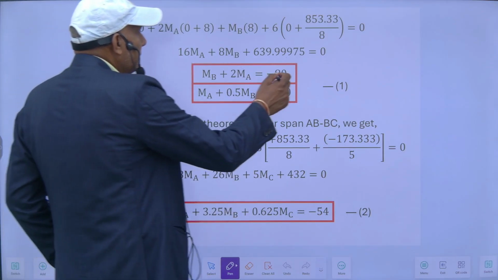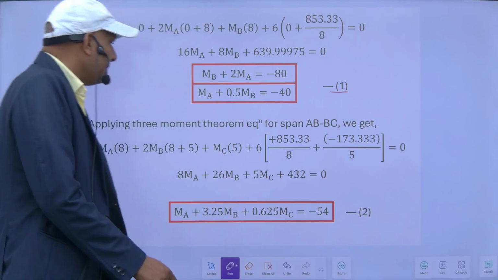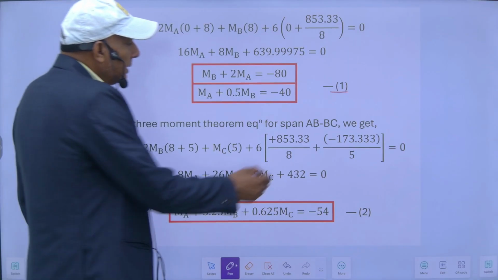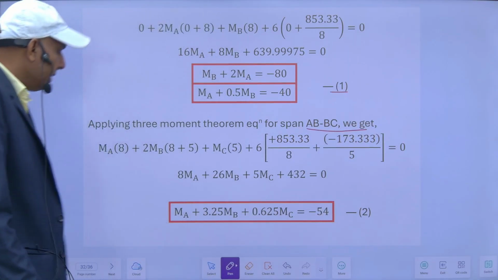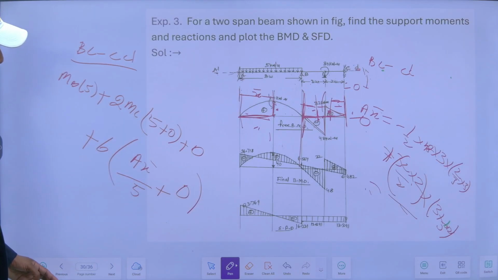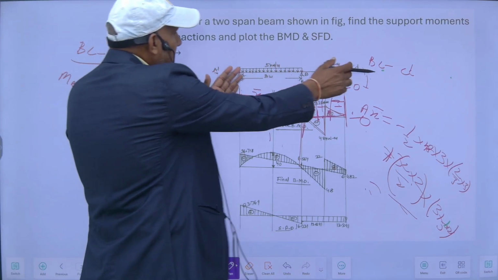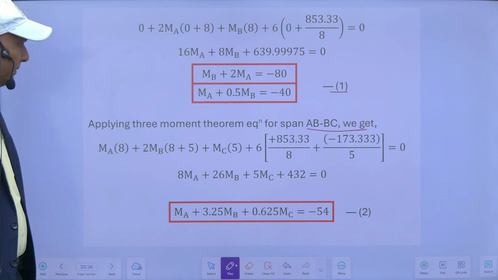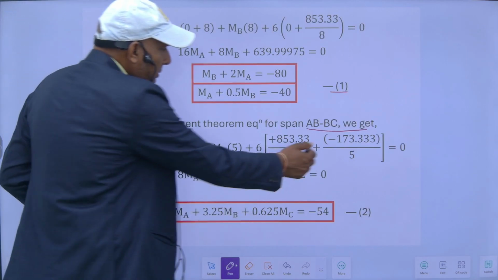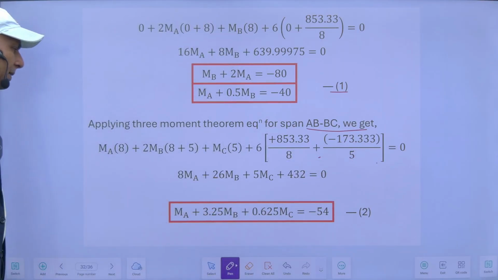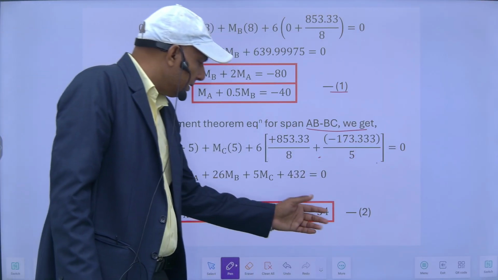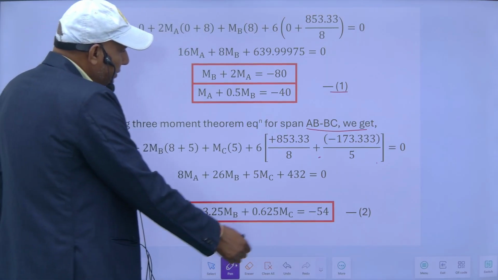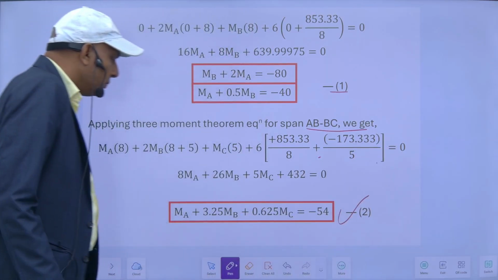This is my equation number 1. Then I apply the 3 moment theorem for AB and BC, so I will get this equation, and finally this is 8 MA plus 26 MB plus 5 MC is equal to this. So this is equation number 2.